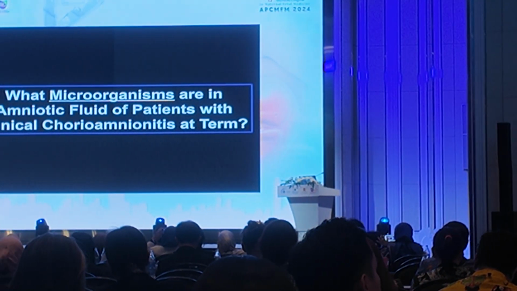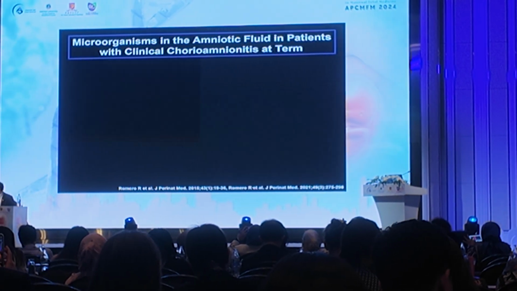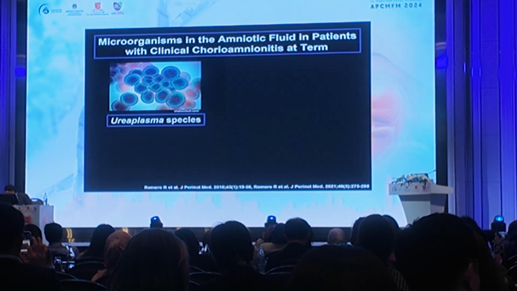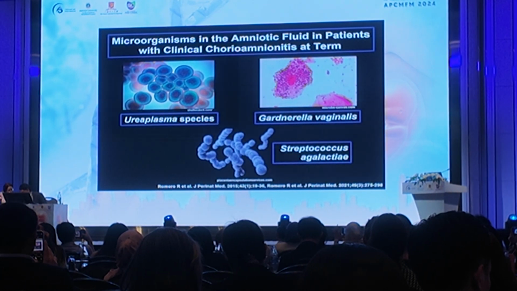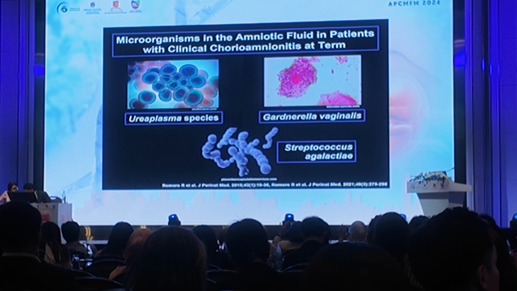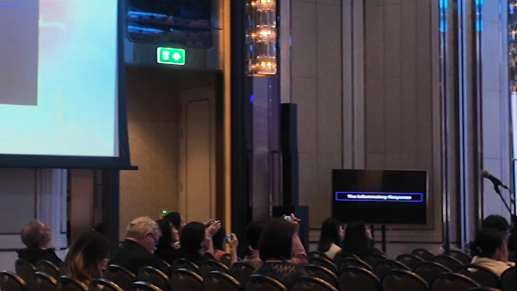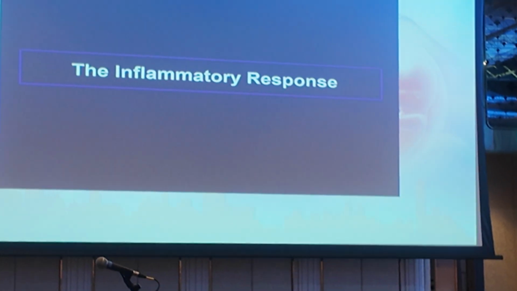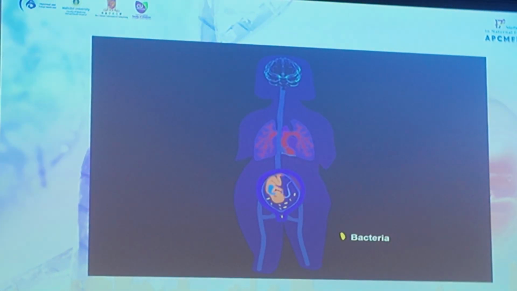What are the microorganisms present in the amniotic cavity in patients with clinical chorioamnionitis at term? The most common microorganisms are Ureaplasma species, followed by Gardnerella vaginalis and Streptococcus agalactiae or GBS. Now, organisms in the amniotic cavity elicit an inflammatory response. The inflammatory response can be on the maternal side or on the fetus.